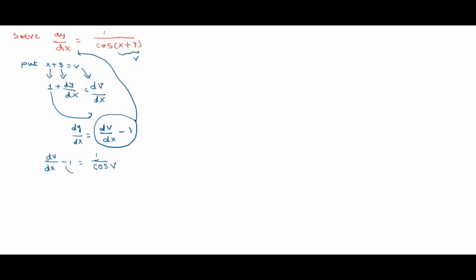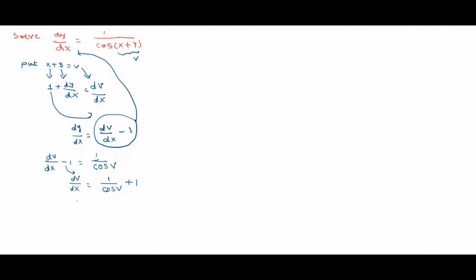Now transpose minus 1 to the right hand side, dv divided by dx is equal to 1 divided by cos v plus 1.